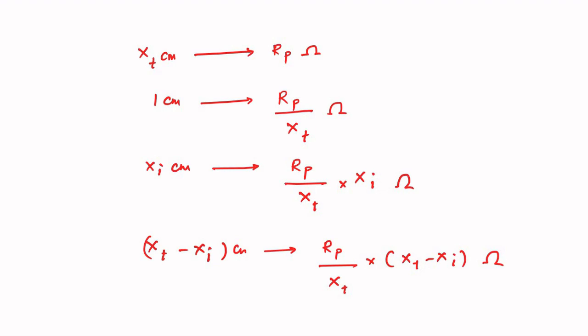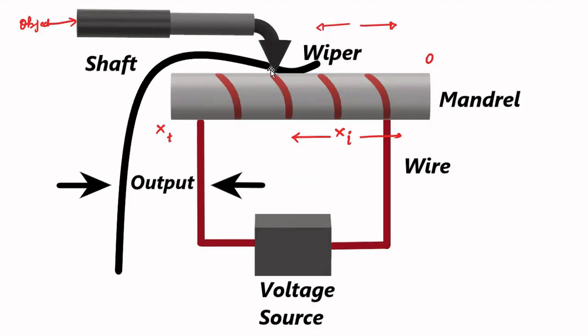So depending upon the design, this can become R1 and this one becomes R2, or this can become R2 and this can become R1. It depends upon where the voltage output is taken from.